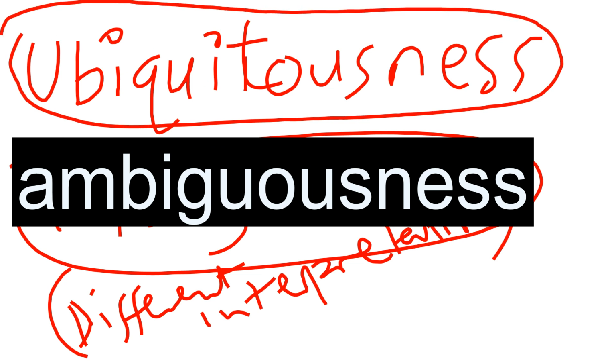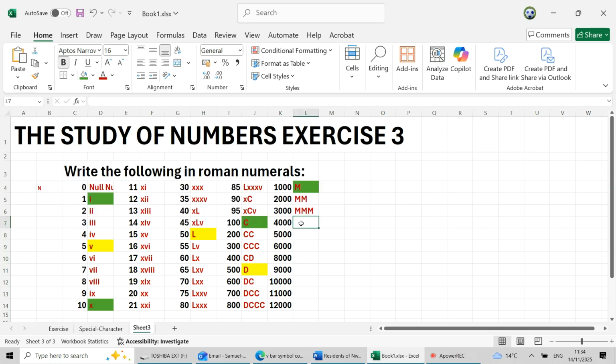And these are the problem if you don't know how to distinguish the difference between the symbols that we use in Roman numerals. For example, here, 4000. We are now multiplying these small letters by 1,000 to get into thousands of them.